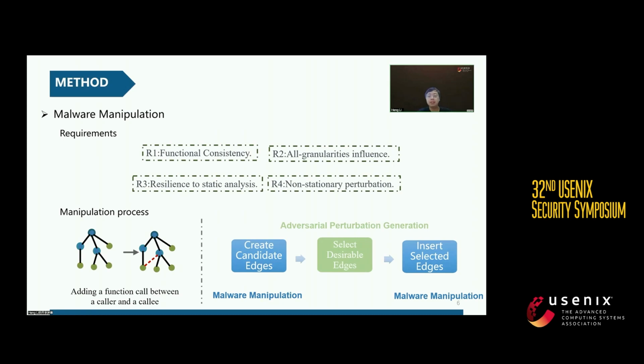Fourth, manipulation should be non-stationary and cannot be restricted to a fixed set of operations. As a result, we select adding edges as our manipulation method. Let's say we create an edge between 2 nodes by adding a function call between a caller and a callee. Then the rest of the problem includes how to create candidate edges, how to select desirable edges from the candidate edges, and how to insert the selected edges.